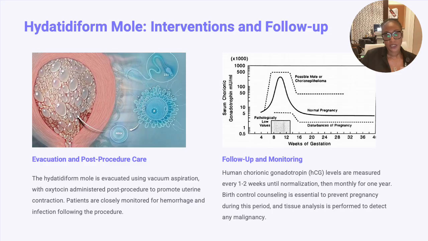The medication regimen includes oxytocin for the contraction of the uterus, and measures to prevent pregnancy for up to 1 year. And as I mentioned, tissues are examined for malignancy. They take a sample, and if no malignancy is detected, no additional follow-up is needed at that time.